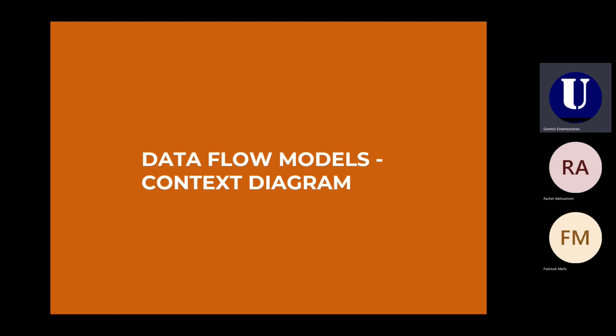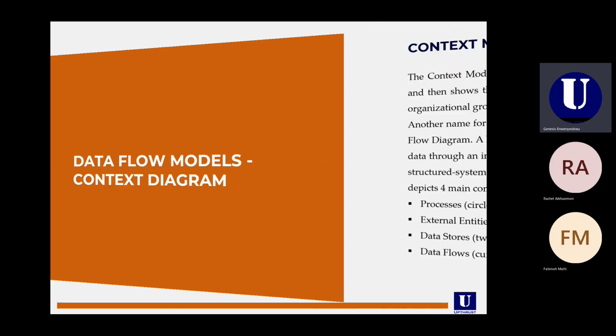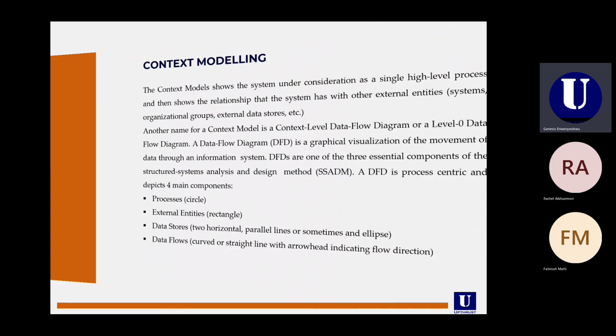As the level goes up, the modeling becomes more complex and more detailed. But for the benefit of the class today, we'll be looking at just level 0. And level 0 data flow diagrams are called context diagrams or context models.